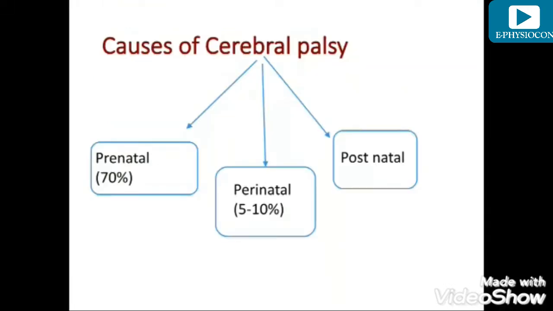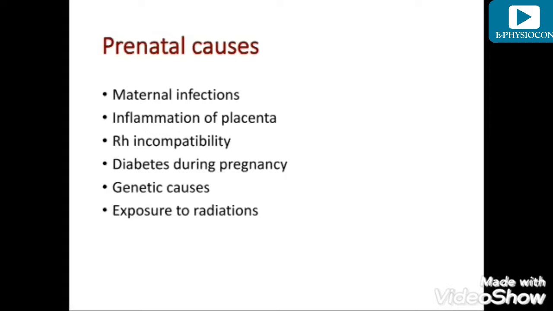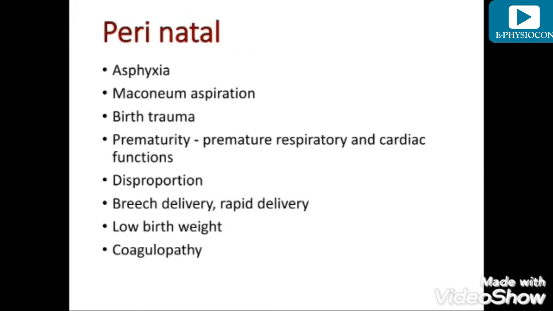Causes of cerebral palsy. Prenatal, perinatal and postnatal etiology may be present. Prenatal causes: maternal infections, inflammation of placenta, Rh incompatibility, diabetes during pregnancy, genetic causes, and exposure to some radiations.